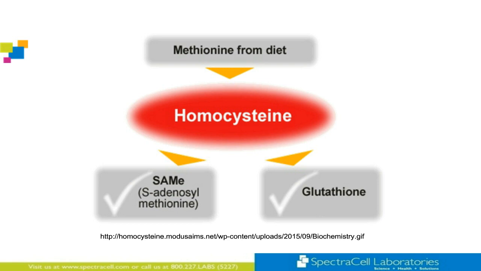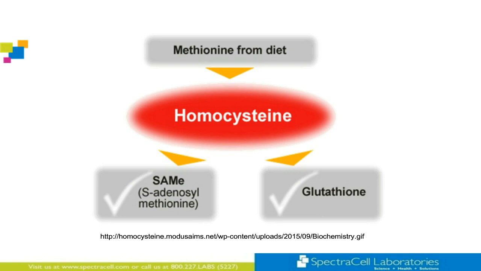As this diagram represents, the reason it's so important in talking about inflammation, whether it's cardiovascular inflammation or brain inflammation, is because of the influence of homocysteine on the formation of SAMe and on the formation of glutathione.